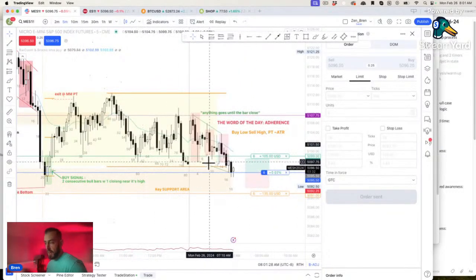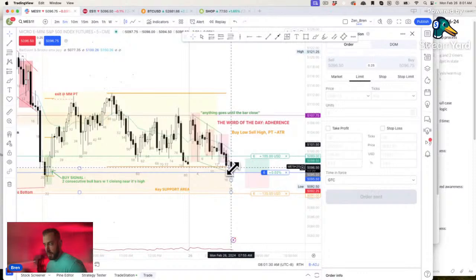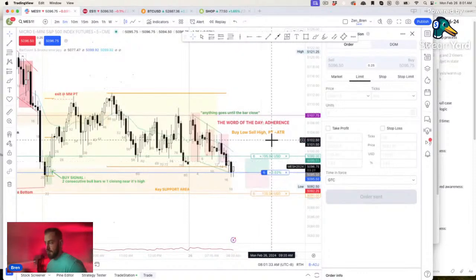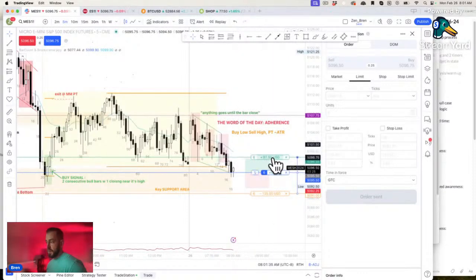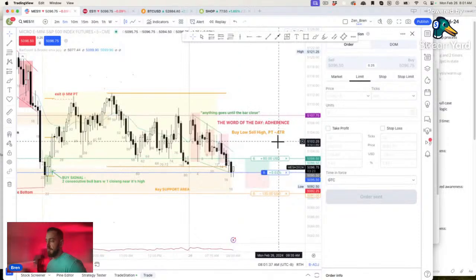The ATR is now 3 points. So I'm going to move my profit target to 3 points.